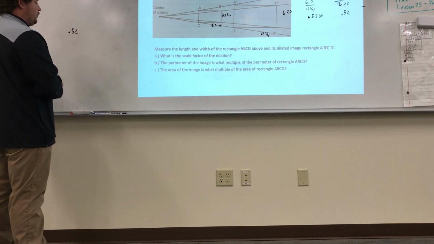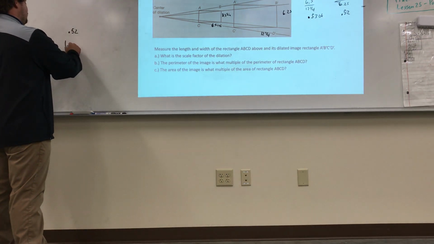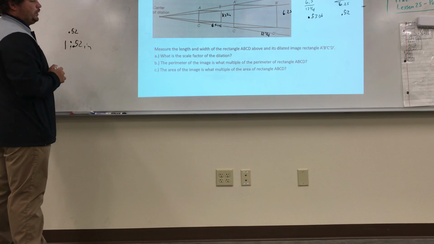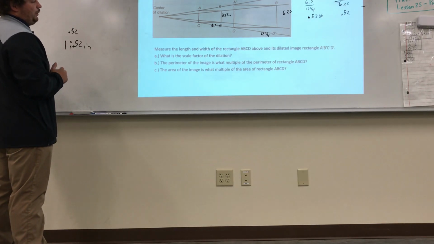Which is probably the better way to do it. The perimeter of the image is what multiple of it?